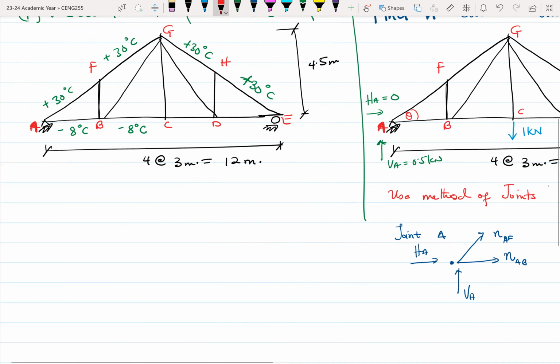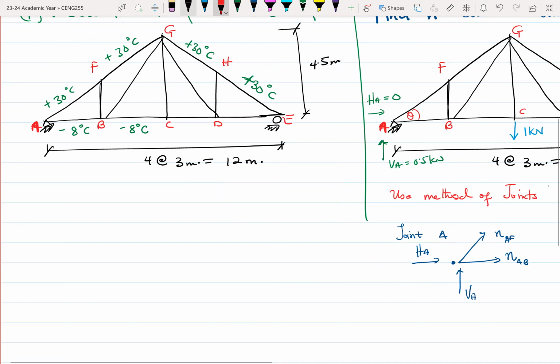Again, this is half. I don't think I put that information over here. From here to here is 4.5 over 2, that'll be 2.25. So let's find the angle. What would the angle be?